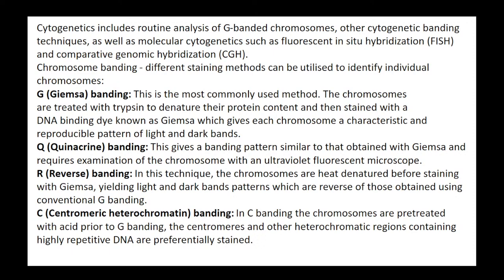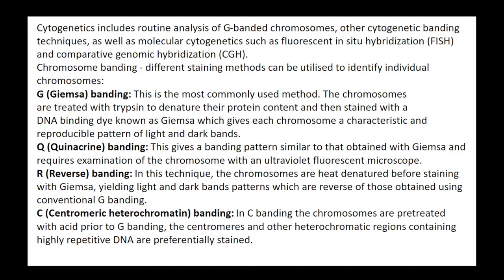Very often, G banding is used, where chromosomes are treated with trypsin to denature their protein content, and then stained with a DNA binding dye known as Giemsa, which gives each chromosome a characteristic and reproducible pattern of light and dark bands.